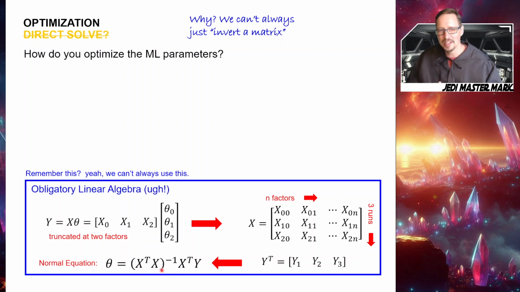When you think of the sheer size of all these data sets in terms of the number of rows or observations and the number of factors, it gets unwieldy at some point, and computationally it's just very difficult to do that. Also later, when we're talking about variance-bias trade-offs, hyperparameters and regularization, that makes it even more difficult to use this method. And so it really doesn't work in a lot of cases.